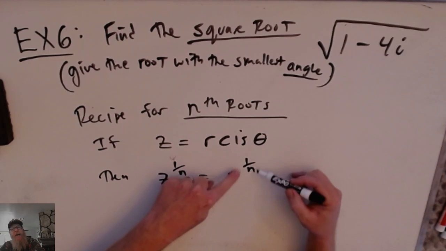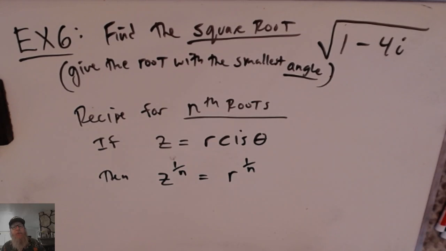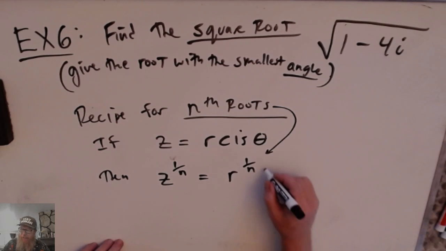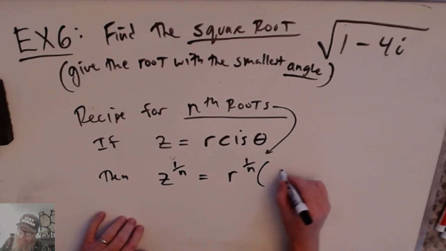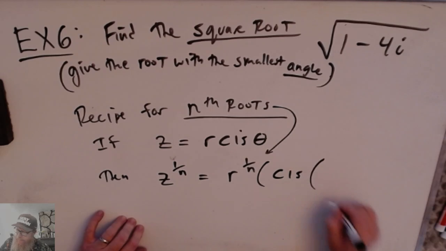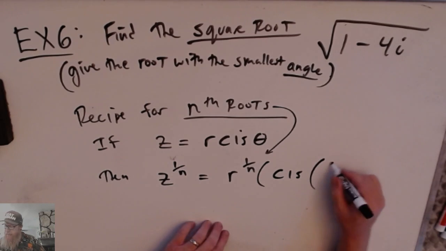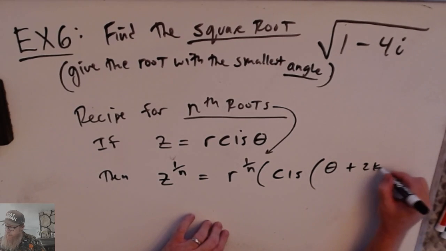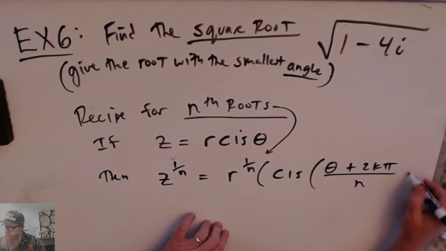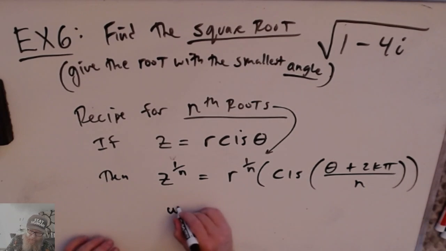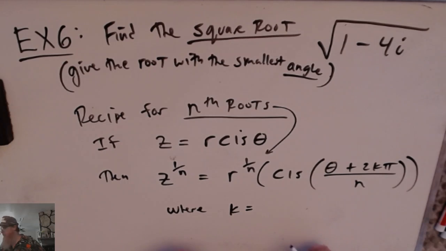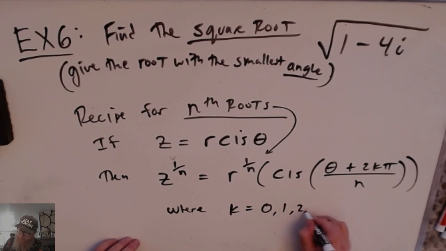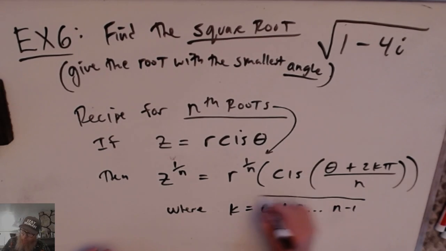Remember, a 1 over n exponent is the same as the nth root. We read it as a fraction. Times cis of theta plus 2k pi over n, where k ranges from 0 all the way to n minus 1.